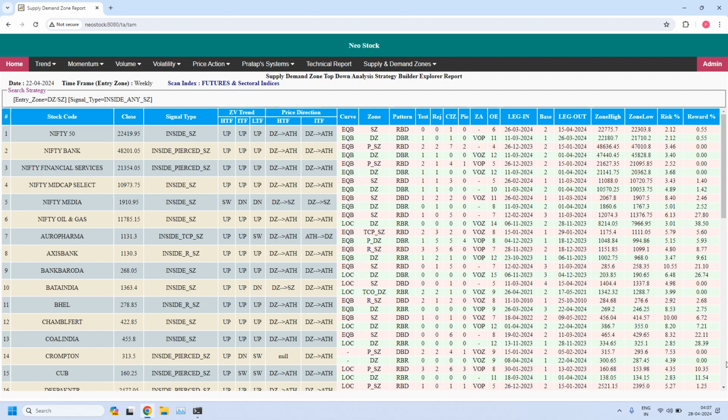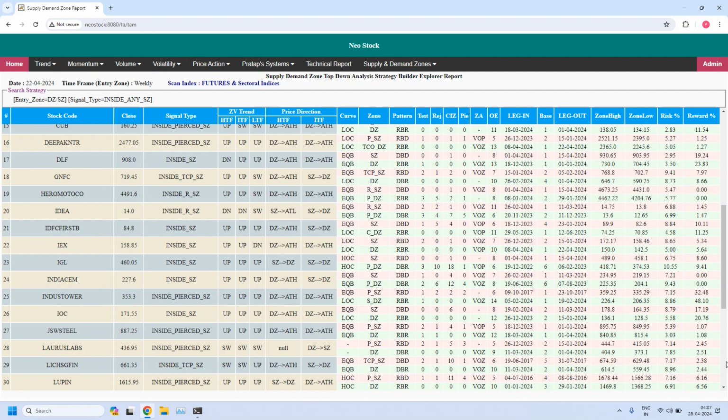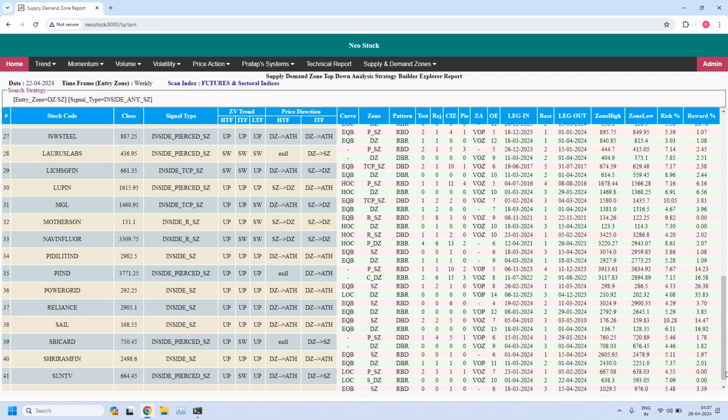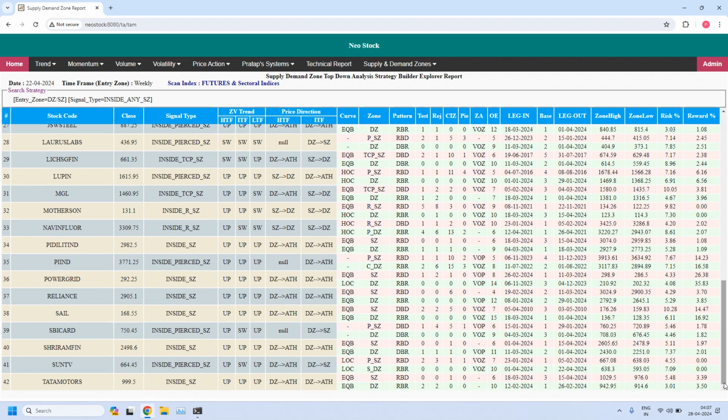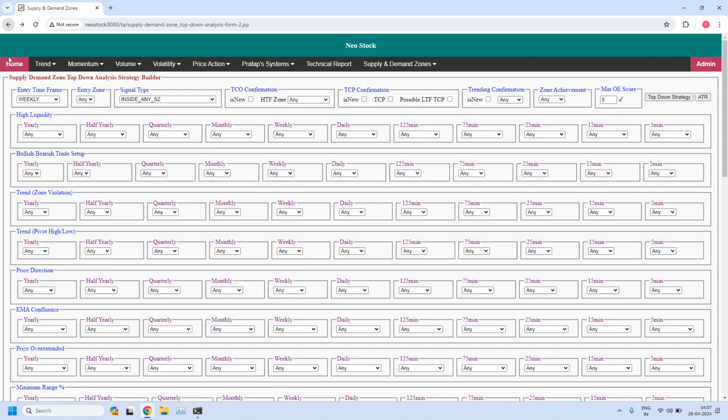Let me scroll down. So total 42 stocks are filtered where price closed inside weekly supply zone. So let me go back.